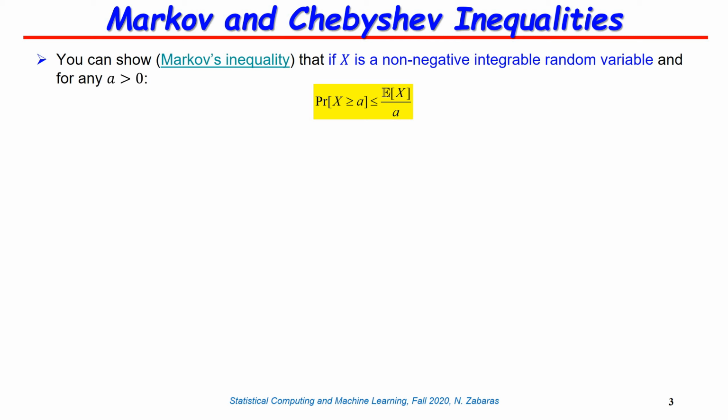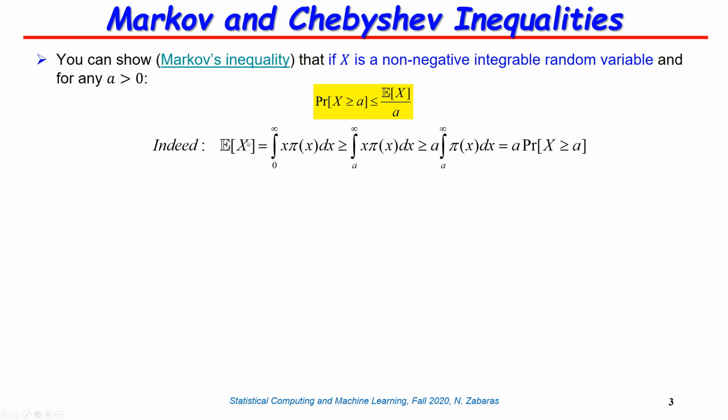Now, notice I haven't said what the distribution of x is. So the implication here is that if x is non-negative and a is a positive number, what you see there is actually valid for any probability distribution with those constraints. So let's try to prove it in one line.